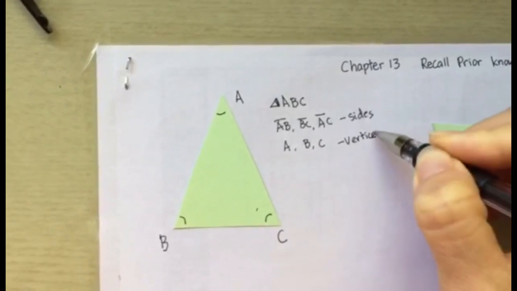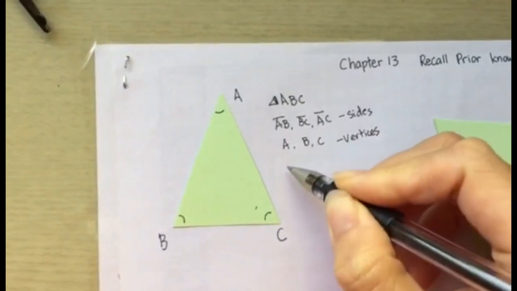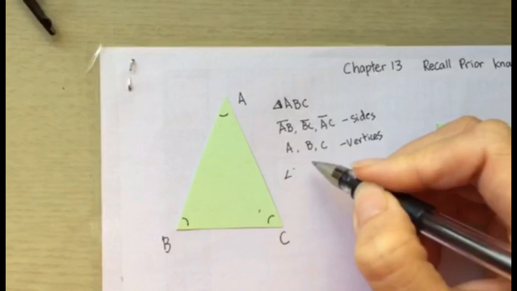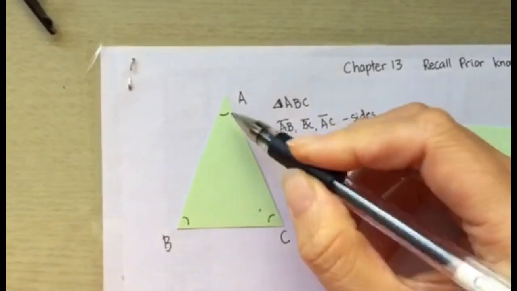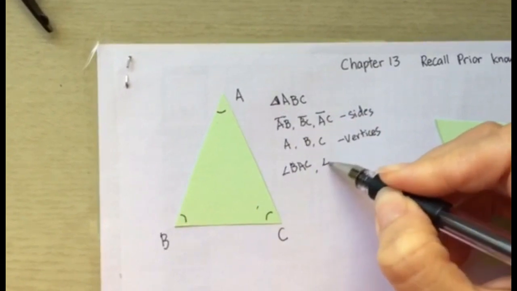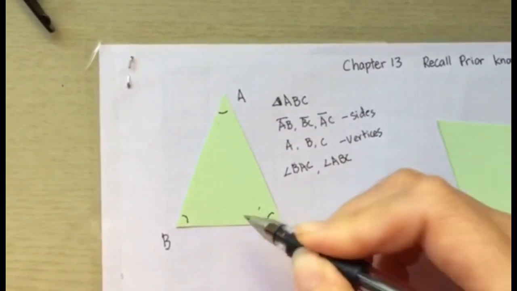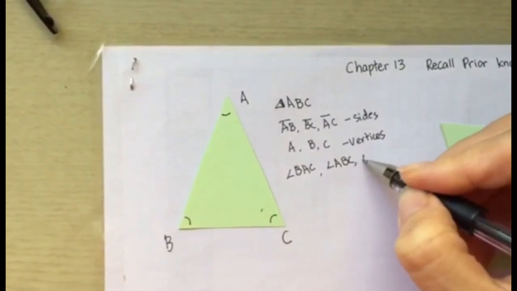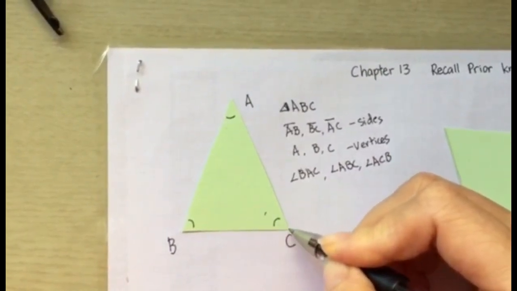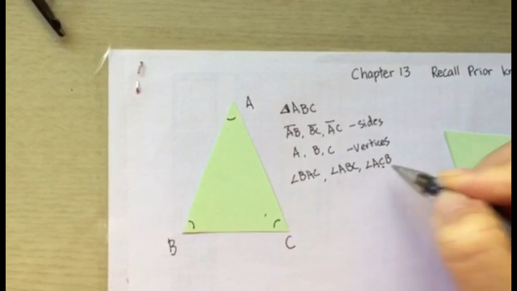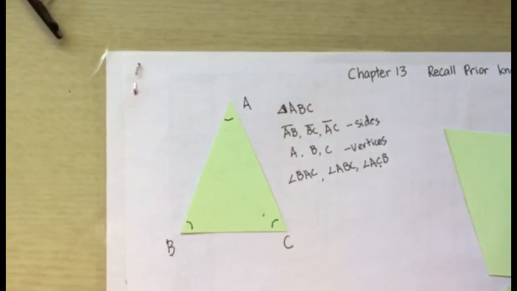Vertex or vertices. And angle, 3 angles, we can call them angle BAC, which is this angle. Angle ABC, which is this angle. And angle ACB, which is this angle. The vertex of the angle is in the middle. So this is about triangle.